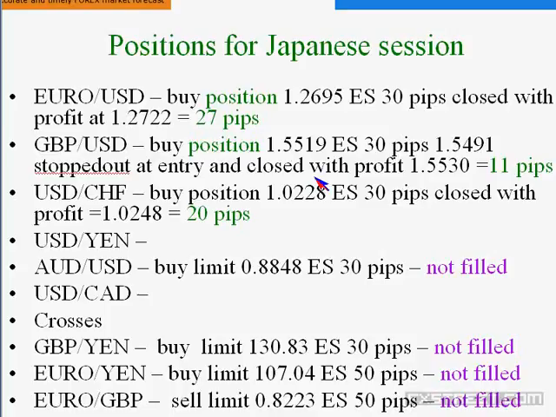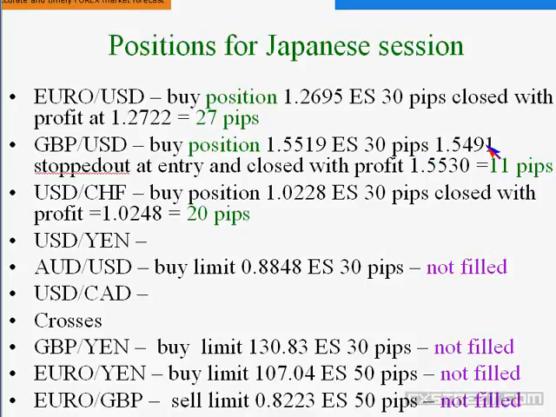And similarly in the case of GBP, just about 2 pips above the initial low, 1.5517, I kept a buy order. During the webinar itself, it got filled and it came down to the level of 1.5497 at that time. The initial hedging order was not filled, and subsequently they dipped during the start of the European session.